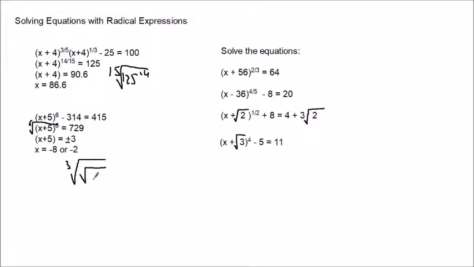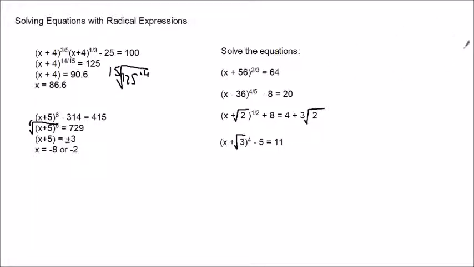Therefore, when you take the sixth root, or the fourth root, or the eighth, or the 10th, or any even number root, you will still get two solutions. It's a plus or minus. So the sixth root of 729 is 3. And then you subtract 5, you either get negative 2 or negative 8. And those are the two solutions.